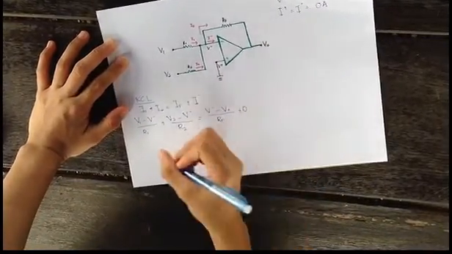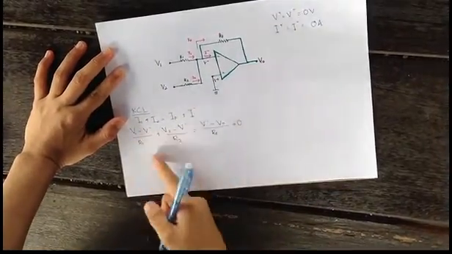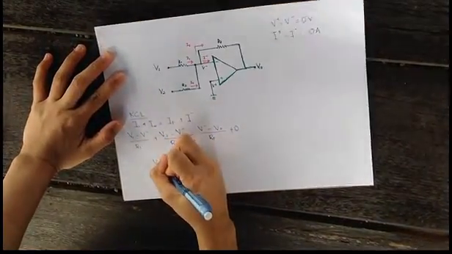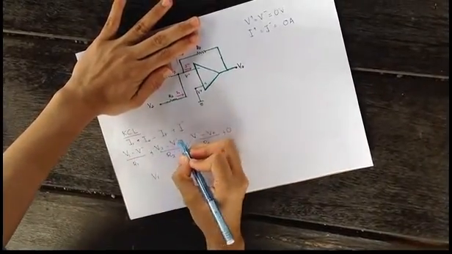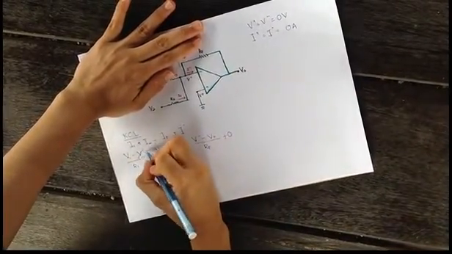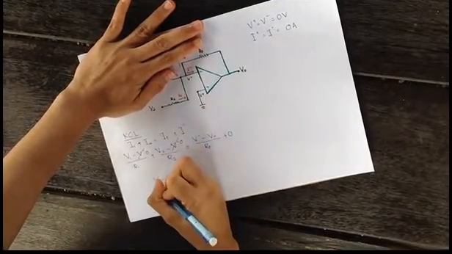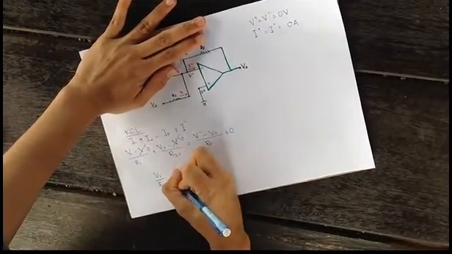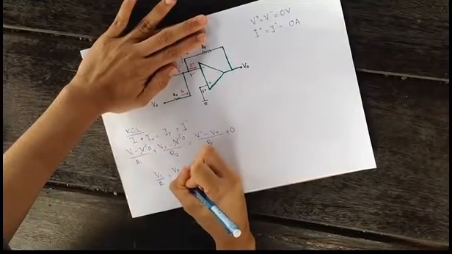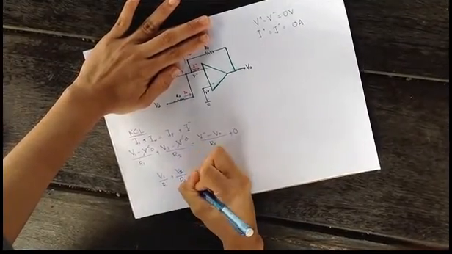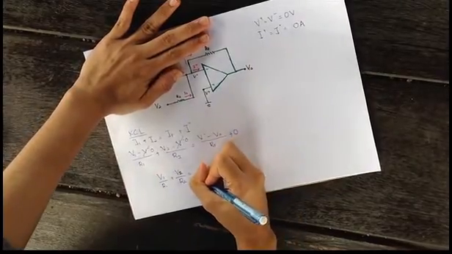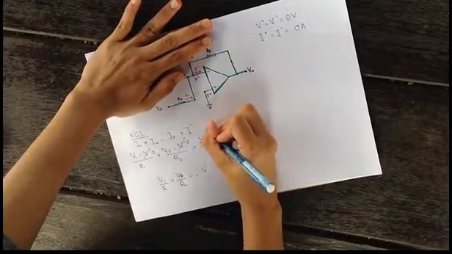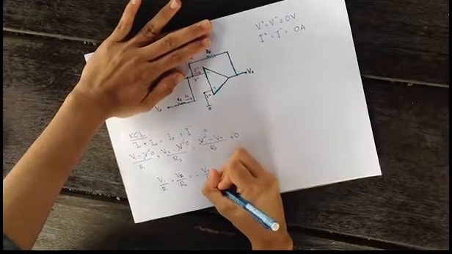Okay, that's it. So we need to rearrange them. As we know that V minus is equivalent to 0 too, we are left with V1 divided by R1 plus V2 divided by R2, and also 0 minus V naught over RF.